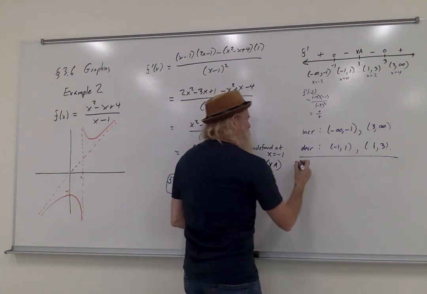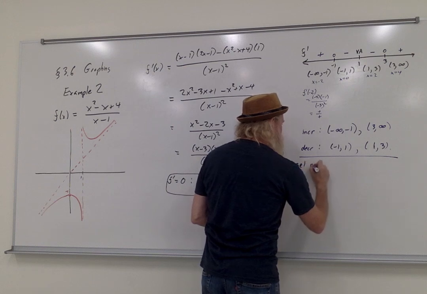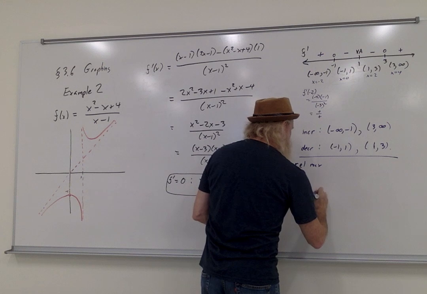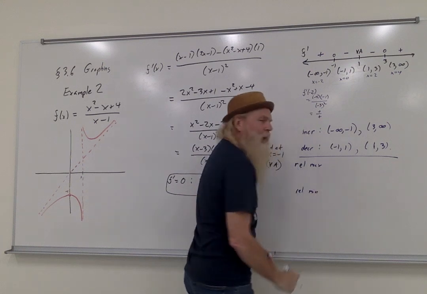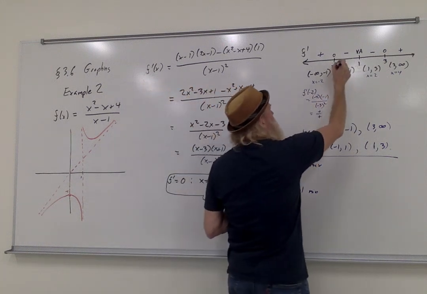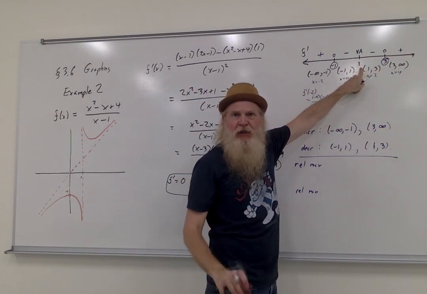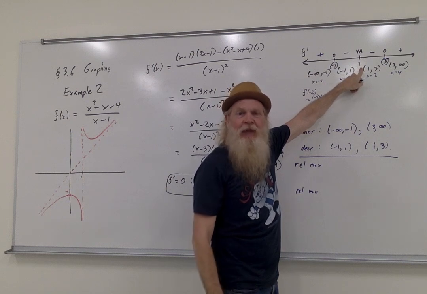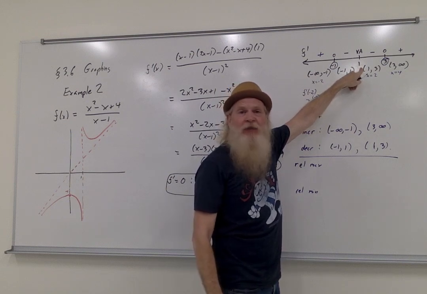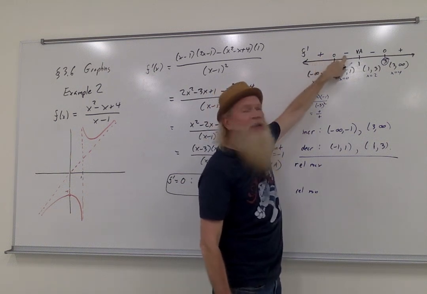Now when I go looking for relative maxima and minima, I'm going to be looking at the critical numbers, which are at negative 1 and 3. Remember, 1 is the location of a vertical asymptote, it's not a critical number. I'm going to look at what happens to the derivative nearby. Using the first derivative test, at negative 1, the derivative changes from positive to negative.